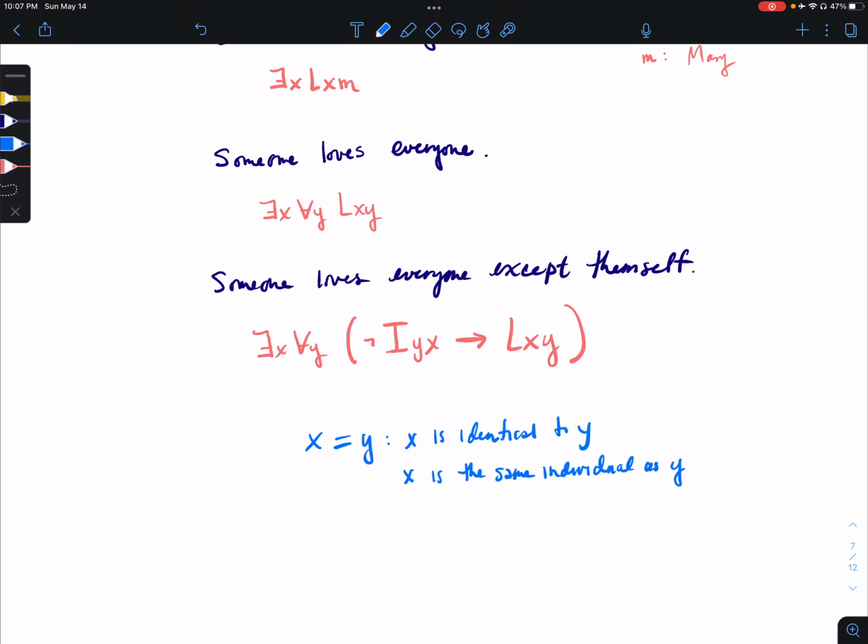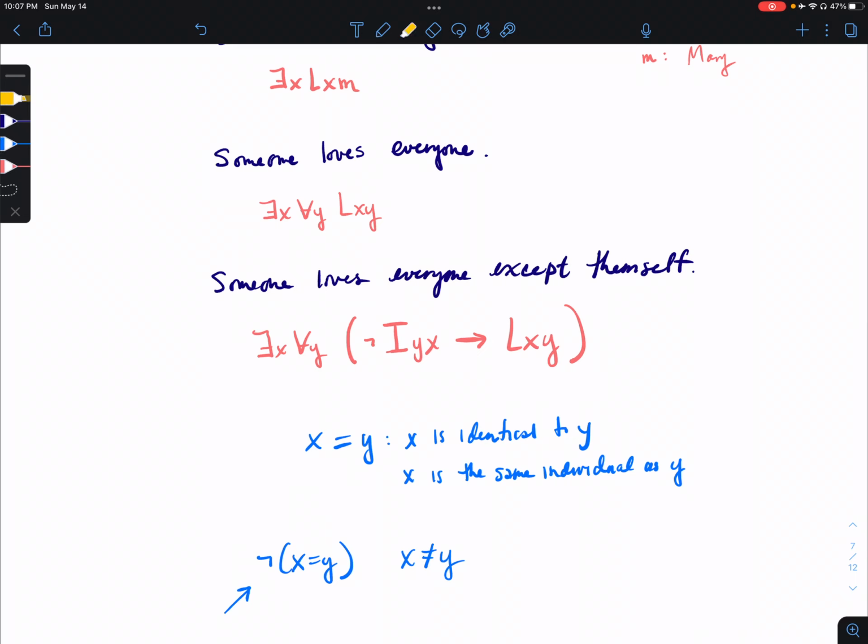And likewise for not equal. Instead of doing this, we're going to do this. Unless that symbol is a pain to find or look up, then feel free to do this. Doesn't really matter.